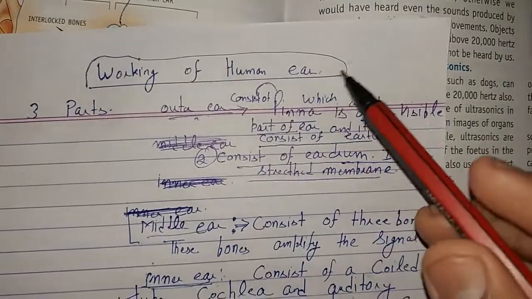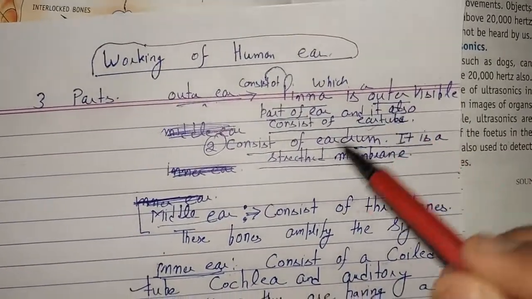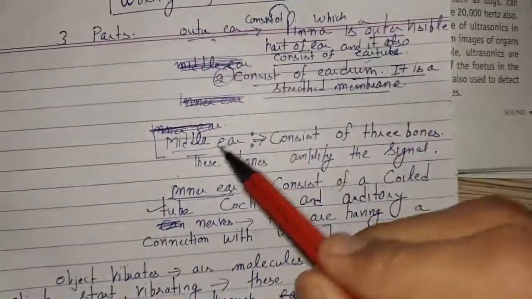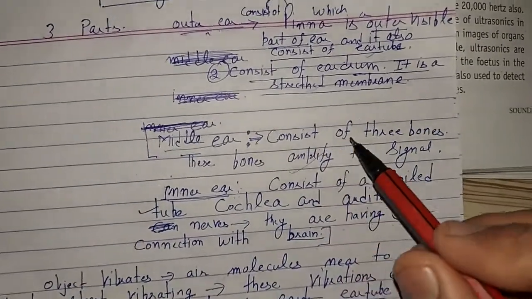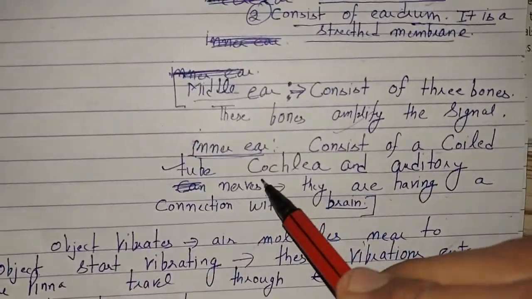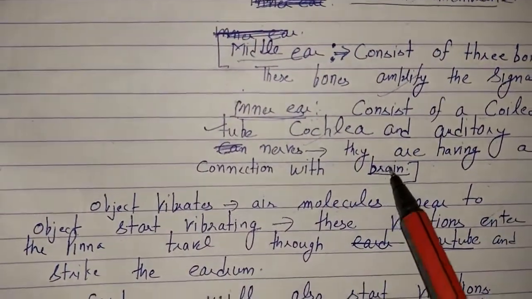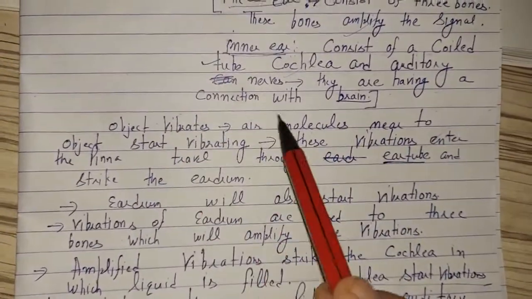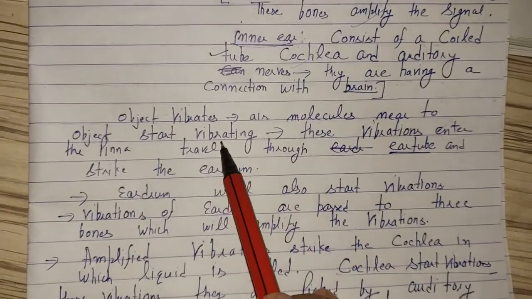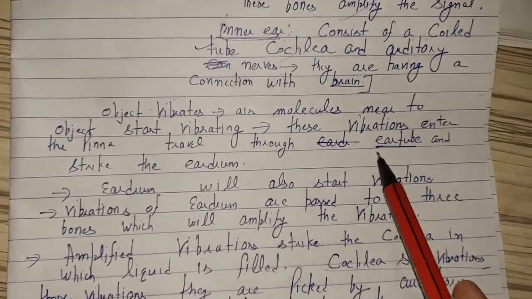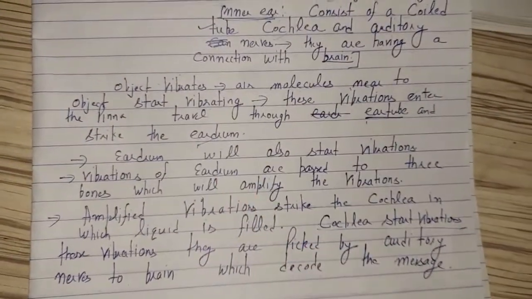So the human ear consists of three parts. One is the pinna, ear tube, and eardrum. The middle ear consists of three bones which amplify the signal. The inner ear consists of the cochlea and auditory nerves, which have a connection with the brain. An object vibrates, air molecules vibrate. Vibrations enter the pinna, then travel through the ear tube to the eardrum.